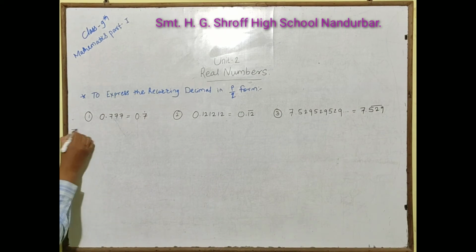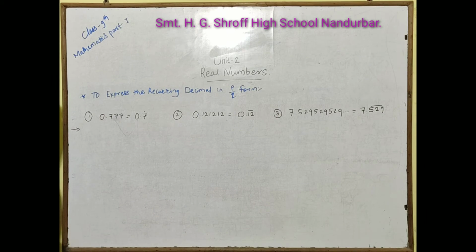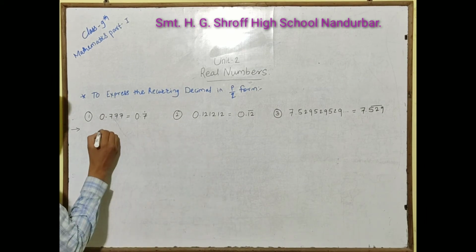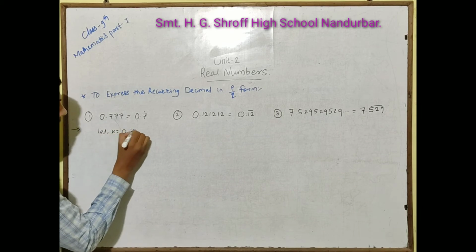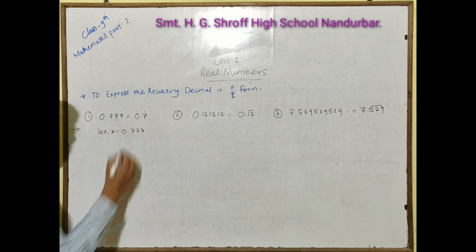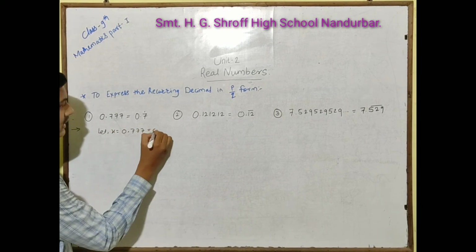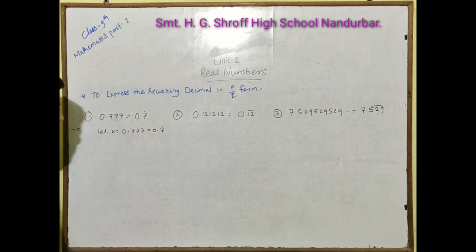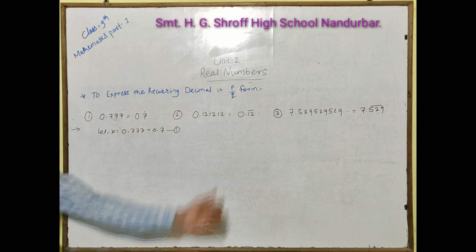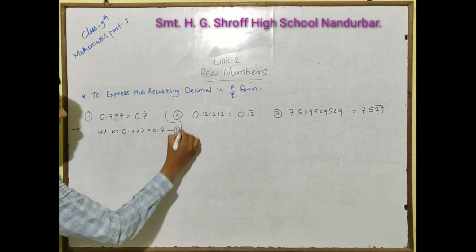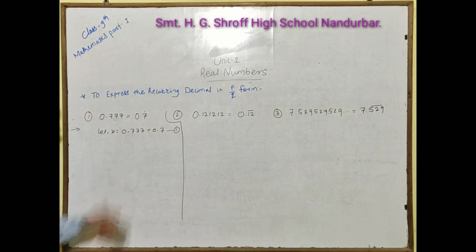First of all, how to solve such questions? The same digits are recurring, so let us assume x equal to 0.777, that is 0.7 with a dot. Call it equation 1. The next step is to multiply both sides by 10.